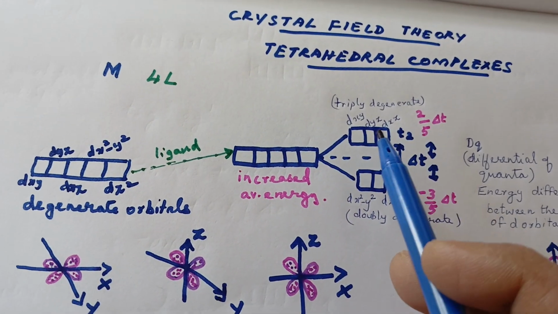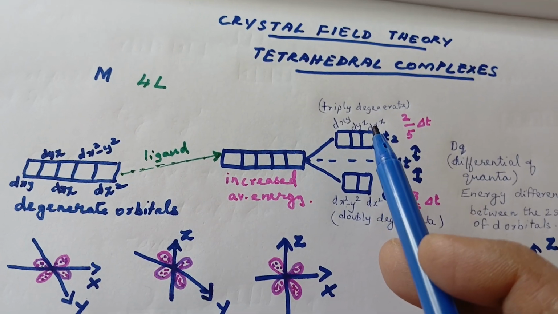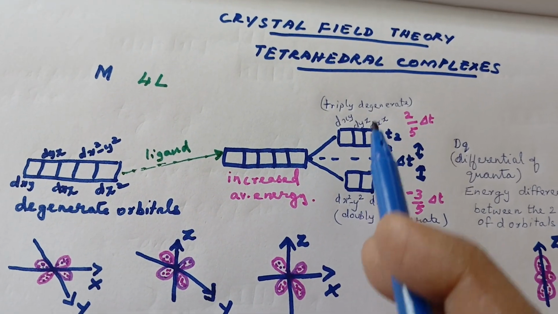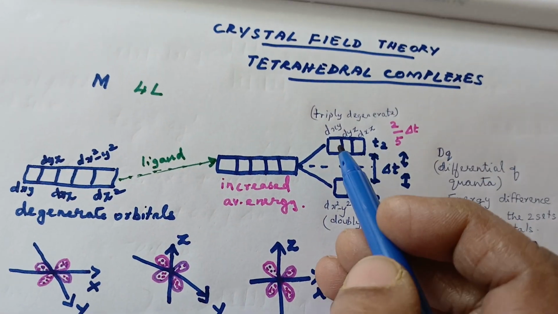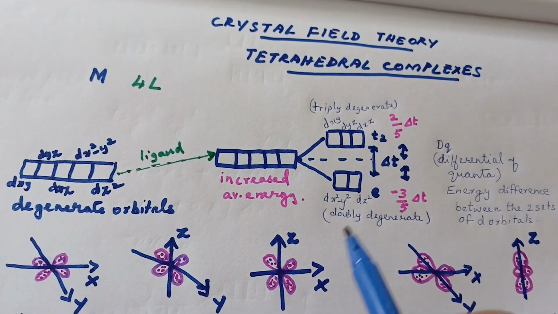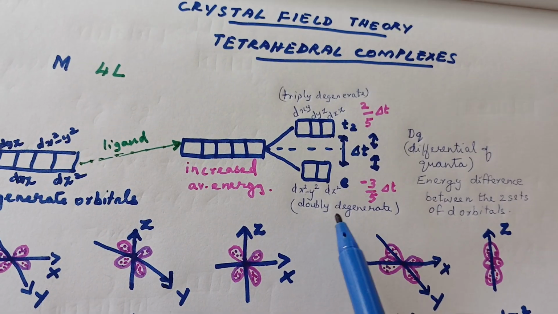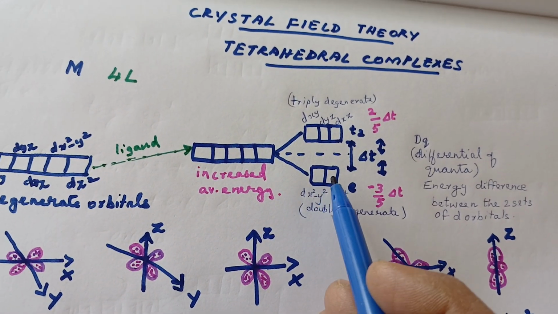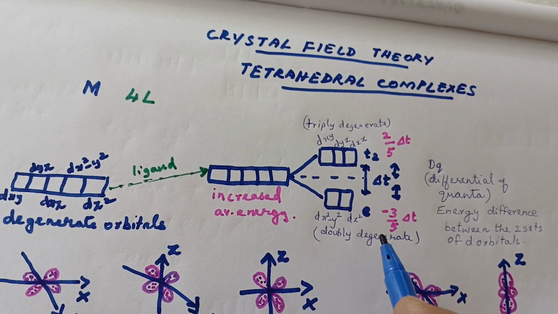So the T2 set has the dxy, dyz and dxz orbitals. They are triply degenerate. Triply degenerate means 3 orbitals having equal energy, and dx square minus y square and dz square are doubly degenerate. That is 2 orbitals having the same energy.